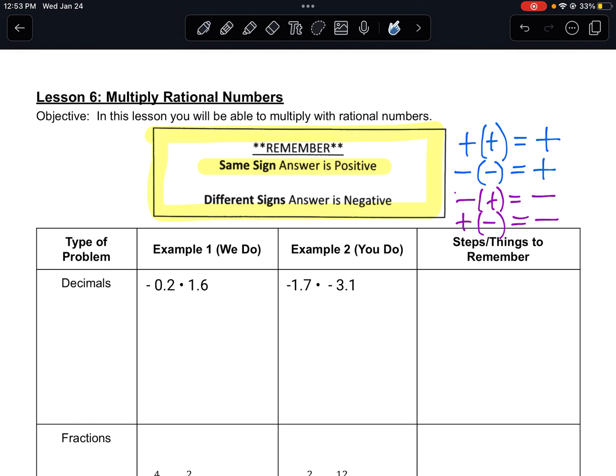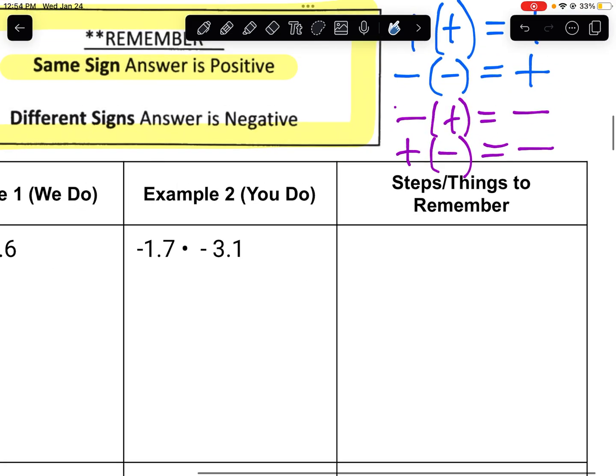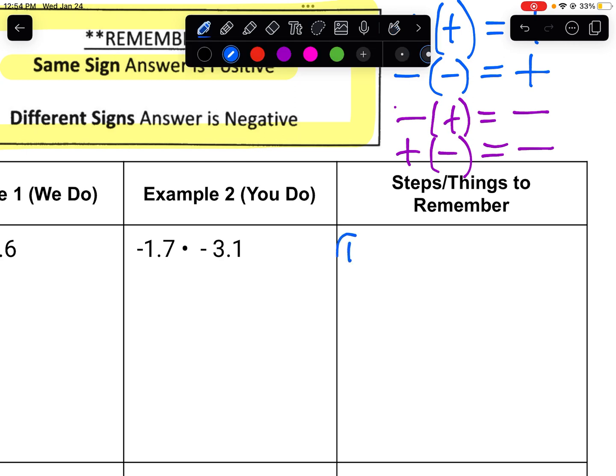So the first problem is a decimal type of problem. We are going to do negative 0.2, or 2/10, times 1.6. When you are doing the steps, the first thing you need to remember about decimals is we don't have to actually line the decimals up when we're multiplying.